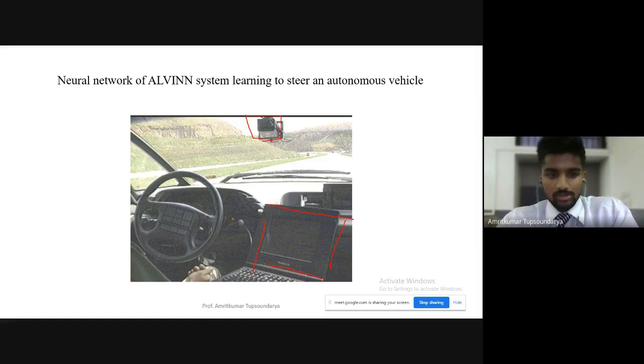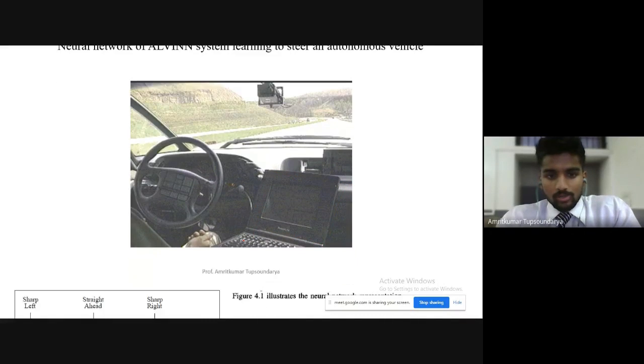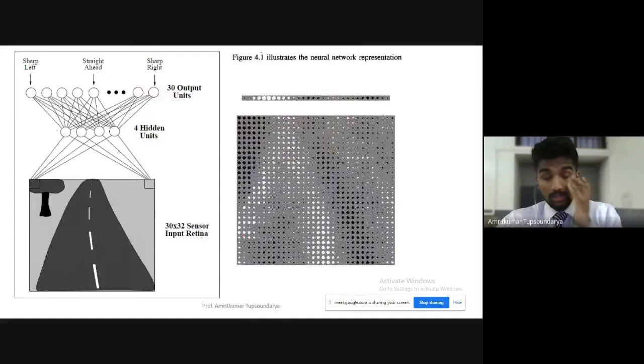So there is a programmer who sits there, watching how the system is behaving and intervening when required. As I said in the previous lecture, the system was able to go at a speed of 70 miles per hour for a distance of 90 miles. That was a remarkable achievement.